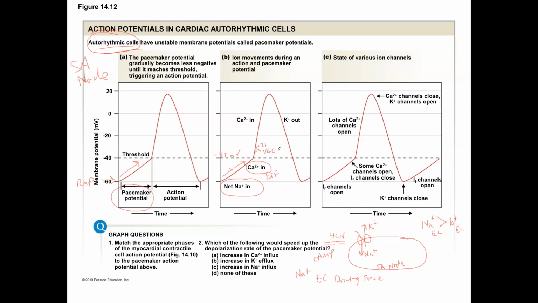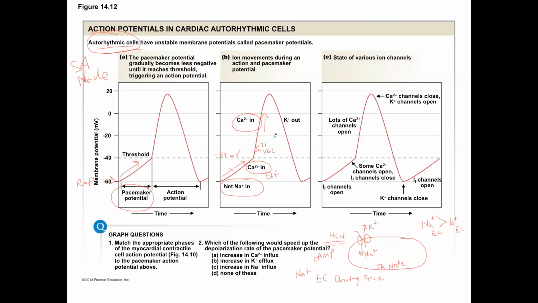That greater influx of calcium is what's giving us the depolarization spike that you see in these autorhythmic action potentials. Calcium voltage-gated channels open at threshold, influx of calcium, depolarization spike.